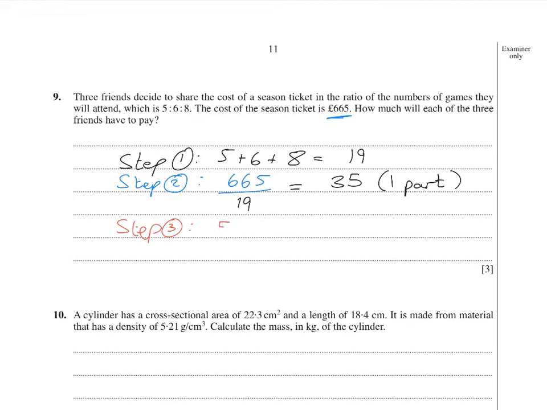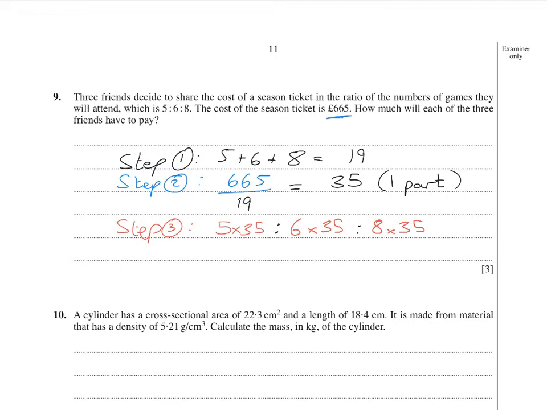So we would do 5 times by 35. You can think of 35, where I've said one part, as the cost of one game. The other guy then, we would get 6 times 35. And then the final guy would get 8 times 35. And then again, all of these things here are going into calculator.